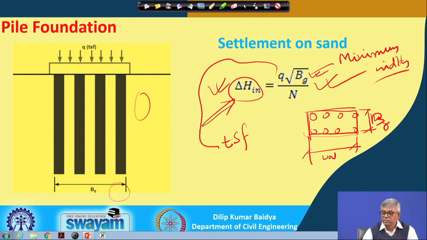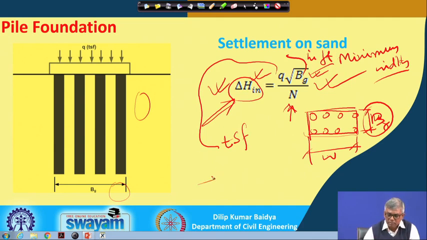So, whatever I have shown, this and this, you have to always take this one, and that too the unit is in feet, Bg in feet, and q in tons per square feet, and N is the SPT number. If you put all those things, you will get some value that will be expressed in inch, and that will be the elastic settlement of the group. This is of course totally empirical, and many such empirical equations are available in the literature also. If you have interest, you can go through this.